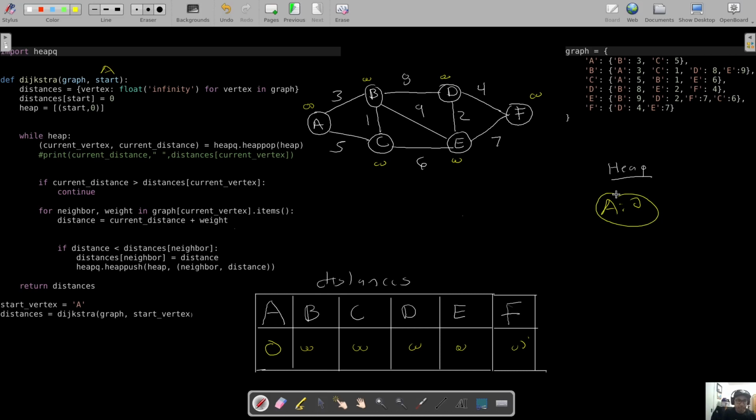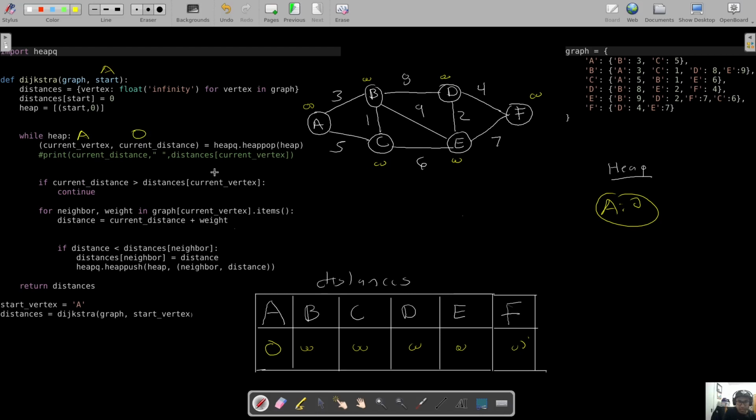Okay. We're going to keep looping until the heap is empty. And it's a min heap, just to be clear, a min heap. All right. So the vertex or the node is A, it's a 0. And then let's go check.